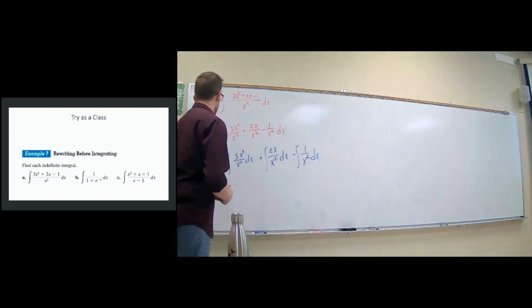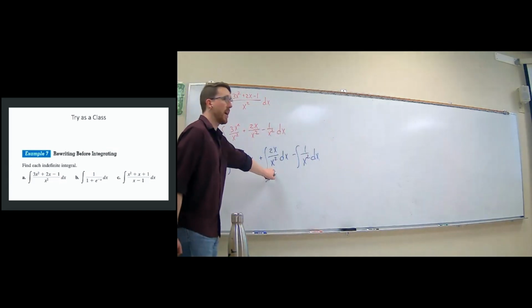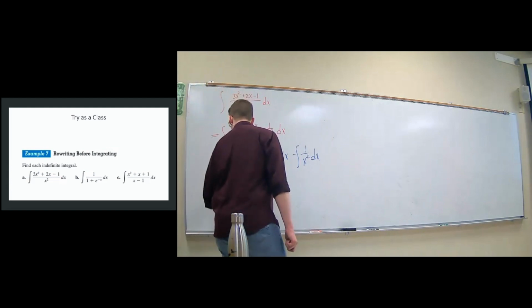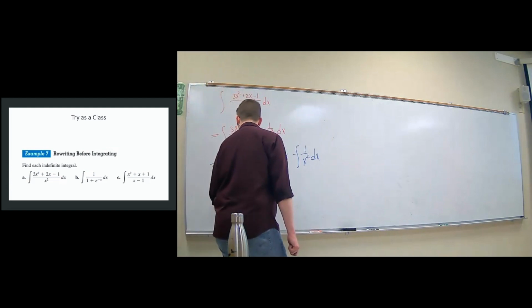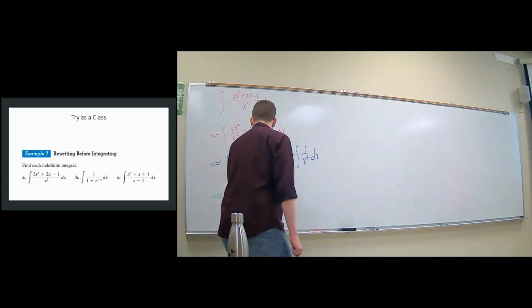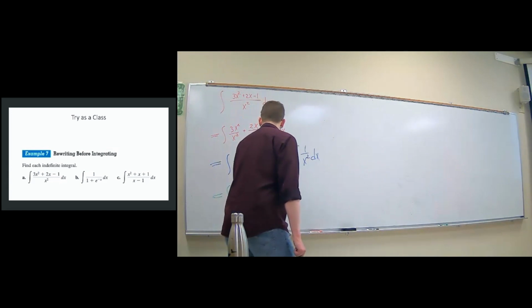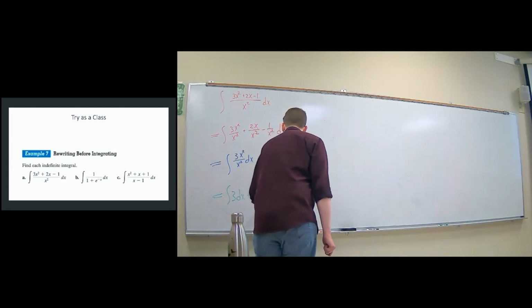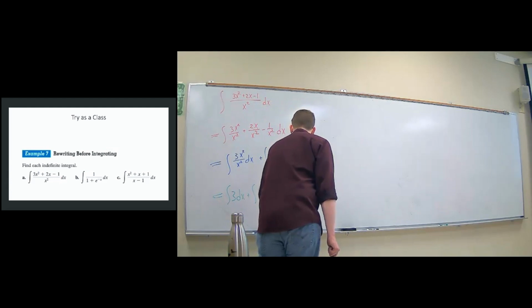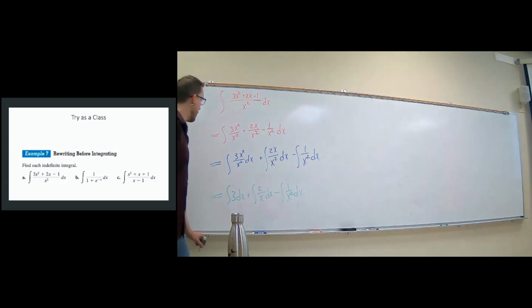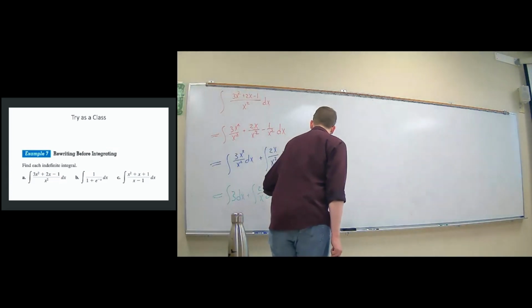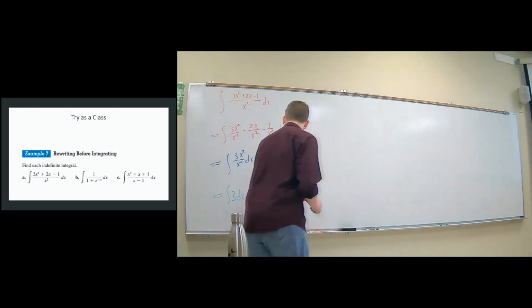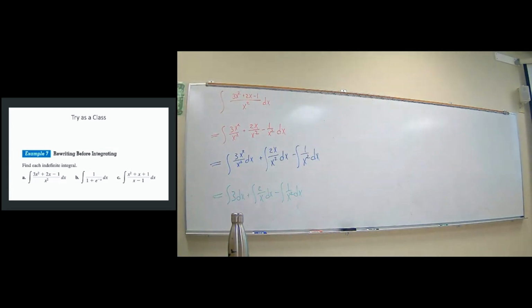Now from here, we have some reductions that happen. This is going to be equal to the integral of 3 dx plus the integral of 2 over x dx minus the integral of 1 over x squared dx. And now we just solve each of these integrals individually, which we now know how to do.